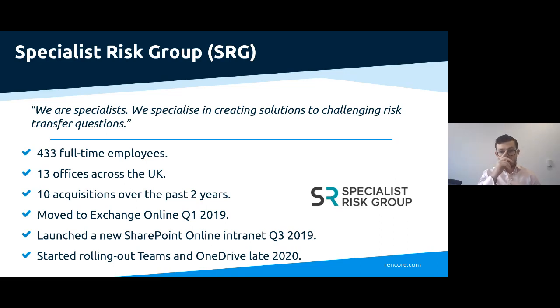This has caused us to grow from 180 members of staff when I first joined in April 2019 to now just shy of 450 members of staff. Working alongside Yoko 10 and Alex, they've helped us in moving into Exchange Online, deploying a company intranet, and our most recent project of rolling out Teams and OneDrive across the business. That leads me on quite nicely to handing over to Alex to introduce Yoko 10.